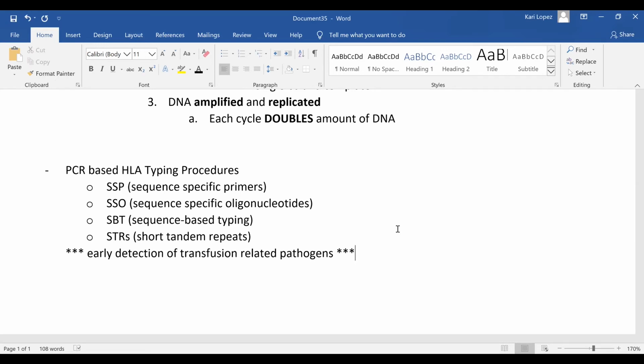Okay. And then these help in the early detection of transfusion-related pathogens.